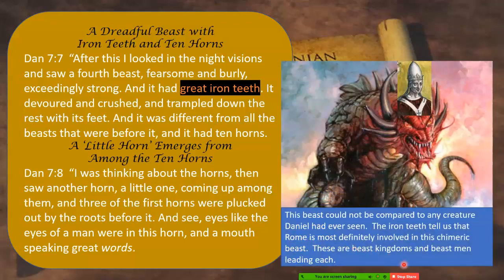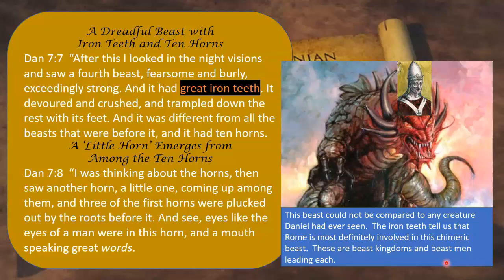So this beast could not even be compared to any creature Daniel had ever seen. He didn't quite know how to even describe it. He just called it a dreadful beast. The iron teeth tell us that Rome is most definitely involved in this chimeric beast.